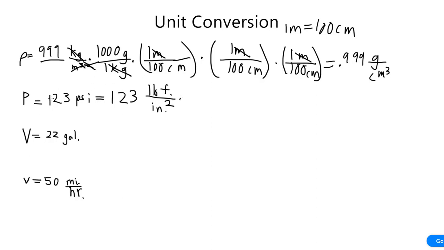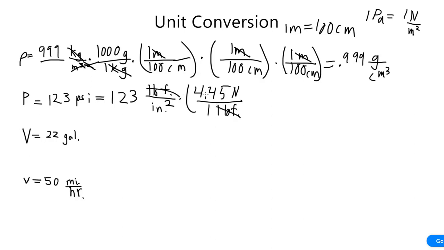But anyways, if we continue on, now we need to do this pressure here. This is just an arbitrary one, the only special one. So 123 psi, we want to convert that now to pascals. If you didn't know before, 1 pascal is equal to 1 newton per meter squared. So really what we need to do is convert pound force into newtons. So 4.45 newtons equals 1 pound force.